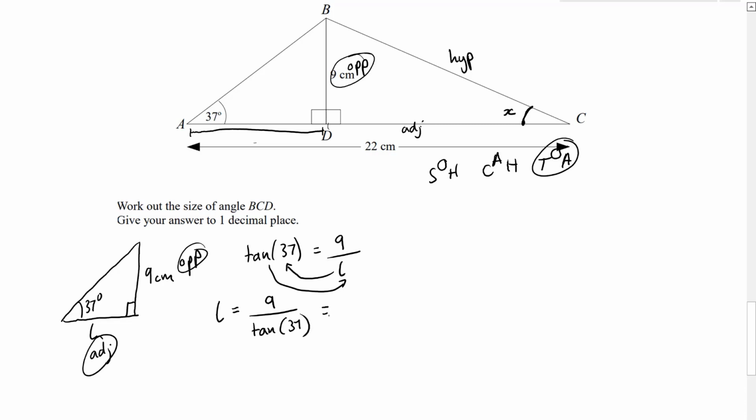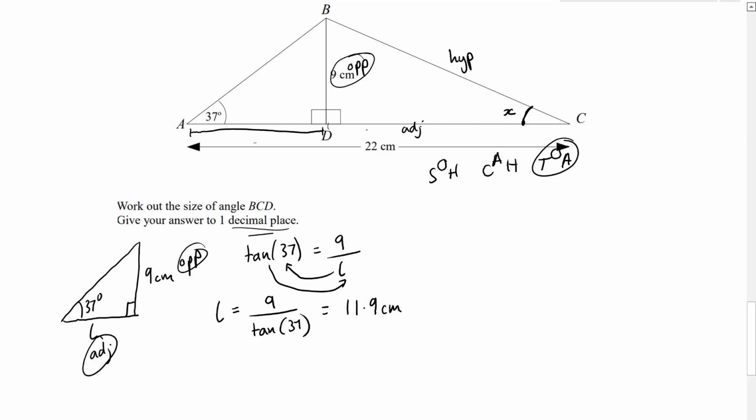And then we can put that into a calculator and just say 9 over tan of 37 degrees is going to be equal to 11.9 centimeters. Okay, to one decimal place, since that's what we're looking for in the question.